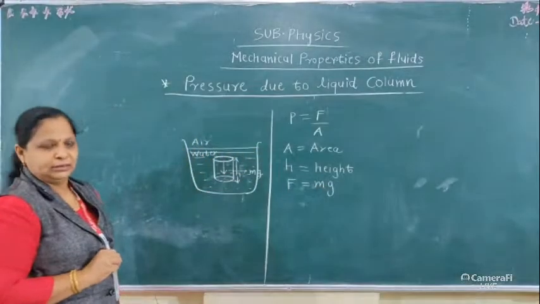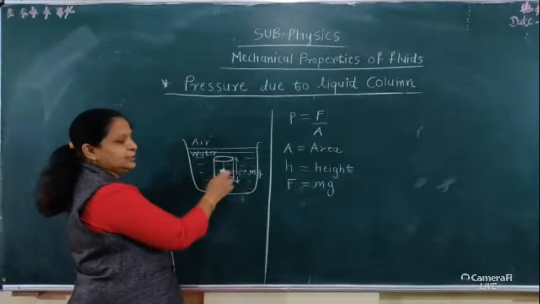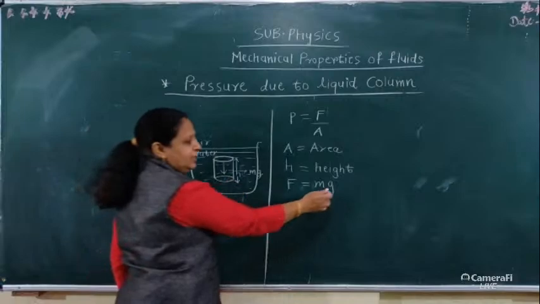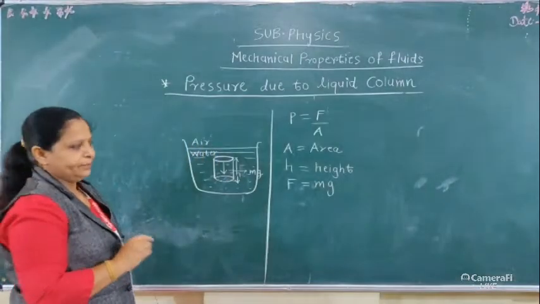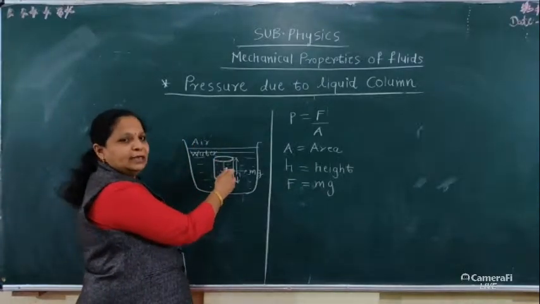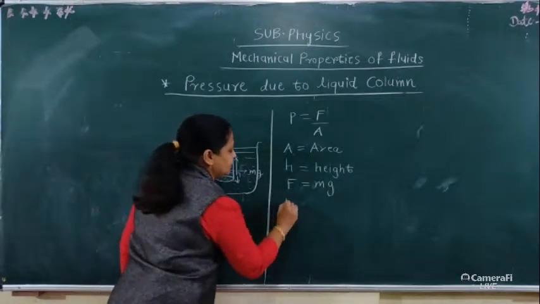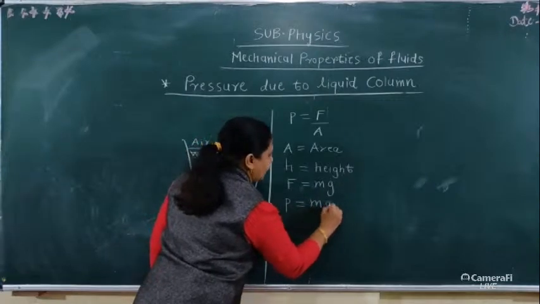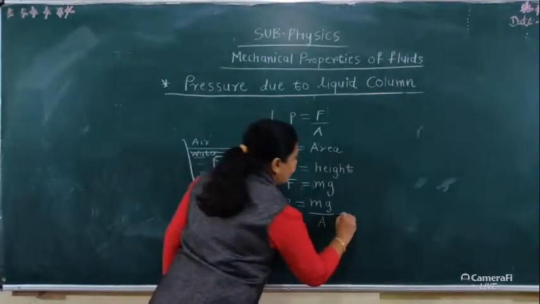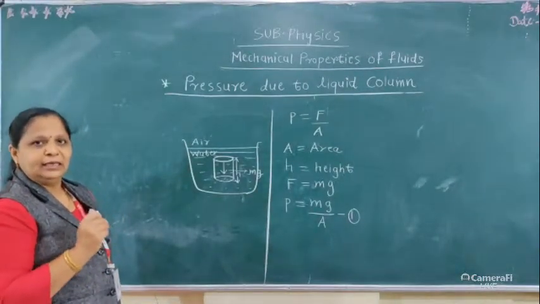Now, m is the mass of the liquid which is in the cylinder and g is the acceleration due to gravity. mg is the weight of the liquid column which is exerted in downward direction on the bottom surface of the cylinder. Then pressure is equal to mg upon A. Equation number 1.